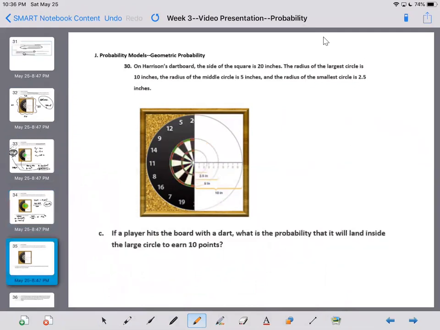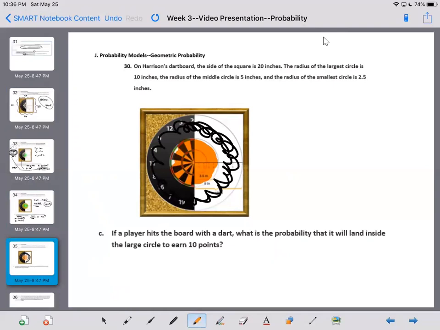All right, let's look at another one. What about landing inside the larger circle? Now we're talking about what happens if we land inside this region here. What we could do is figure out the area of the entire circle, with a radius of 10, and subtract away the entire middle circle.